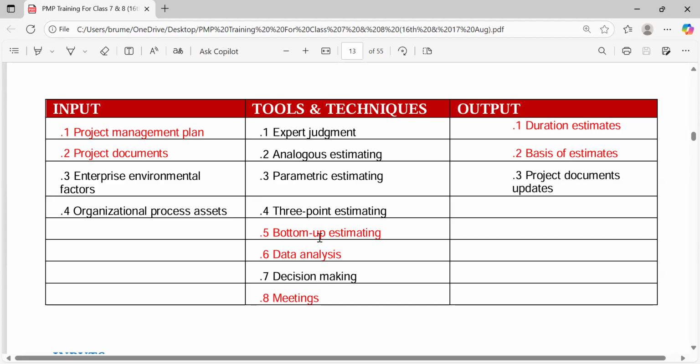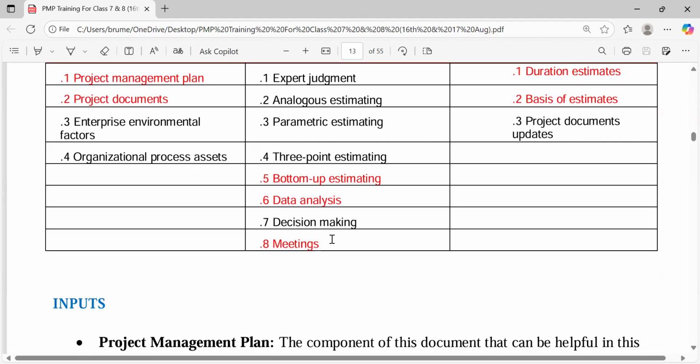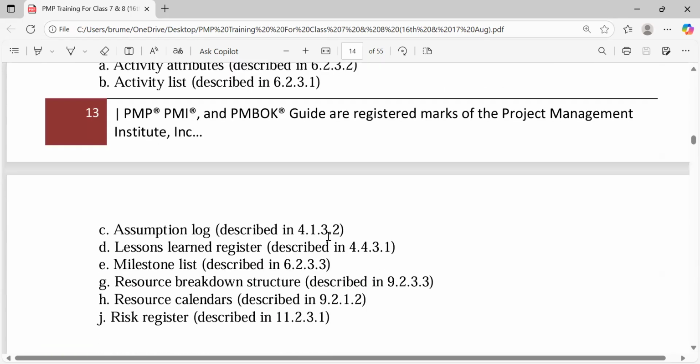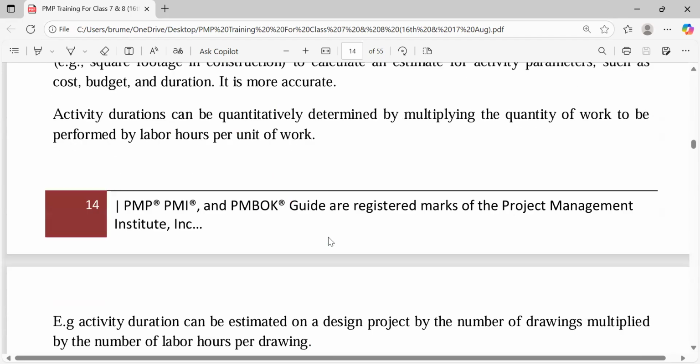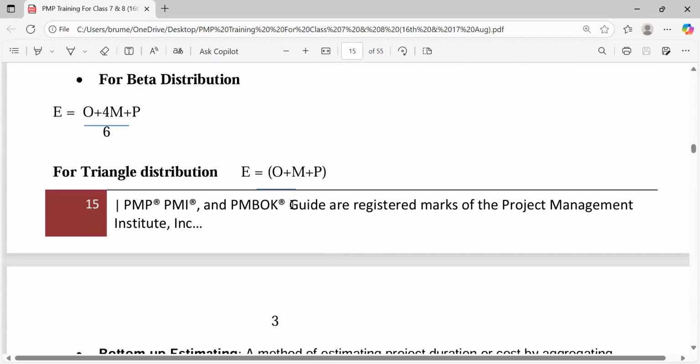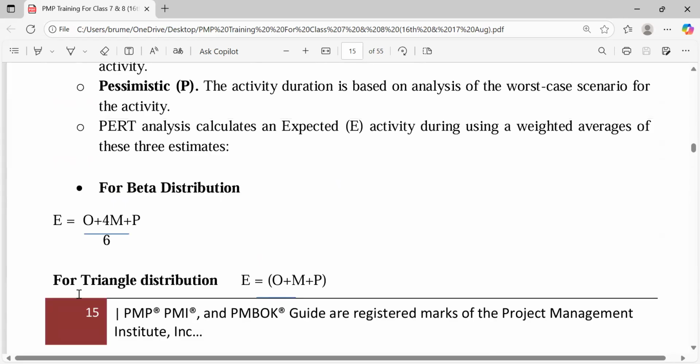But this can only be done in a situation where we have varying conditions that may likely play out. Look at it here. I want you to capture the formula. That's for the beta distribution, and that's for our concentration here.